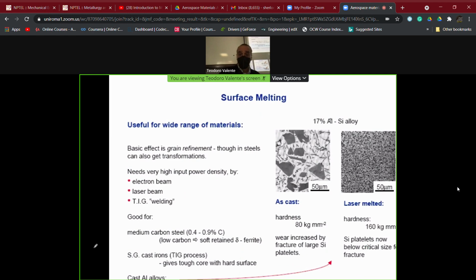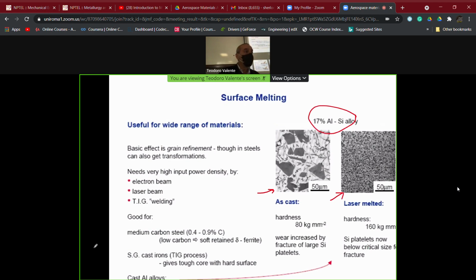So, for example, this is one example you see here of an aluminium-silicon alloy, as cast, that is, as fabricated, and after, we are talking about the surface, after laser remelting just on the surface. You see, just having a look at the picture, how different the microstructure is.